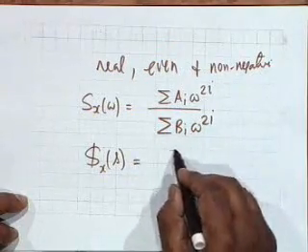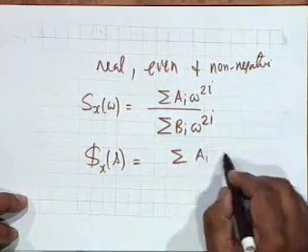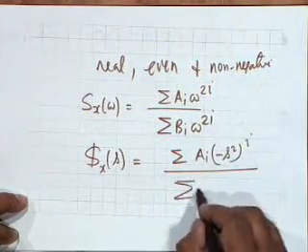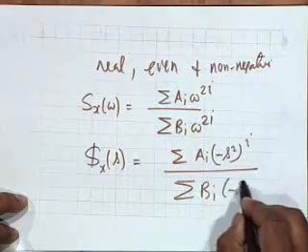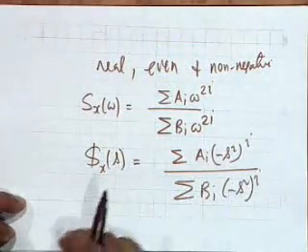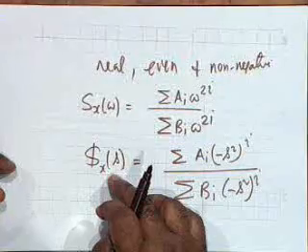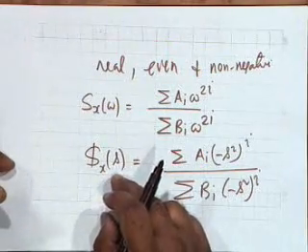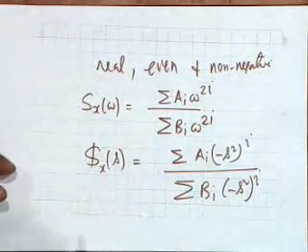That is, you write summation ai minus s squared to the power i divided by summation bi minus s squared to the power i. All right. Now, what are the properties of this function Sx of s, which is an analytic continuation from the j omega axis to the complete s plane?